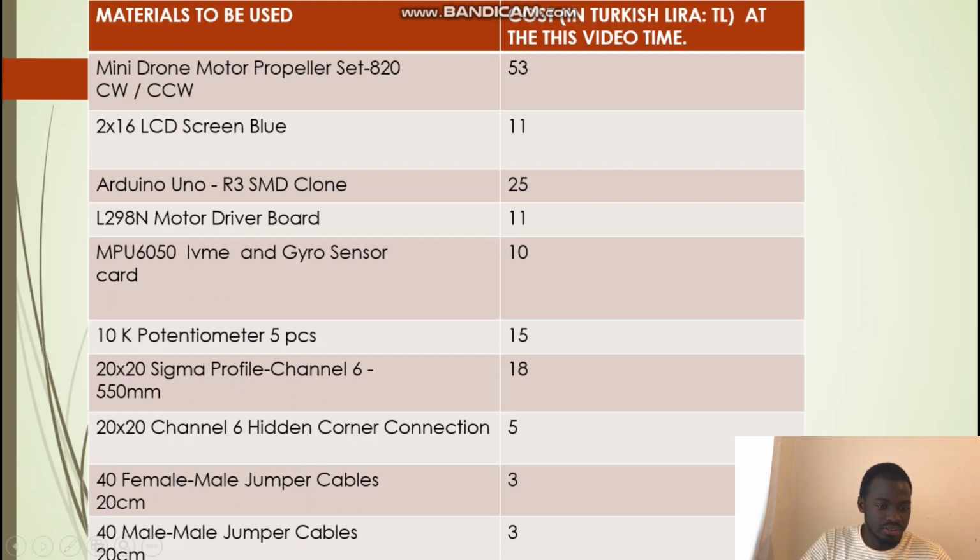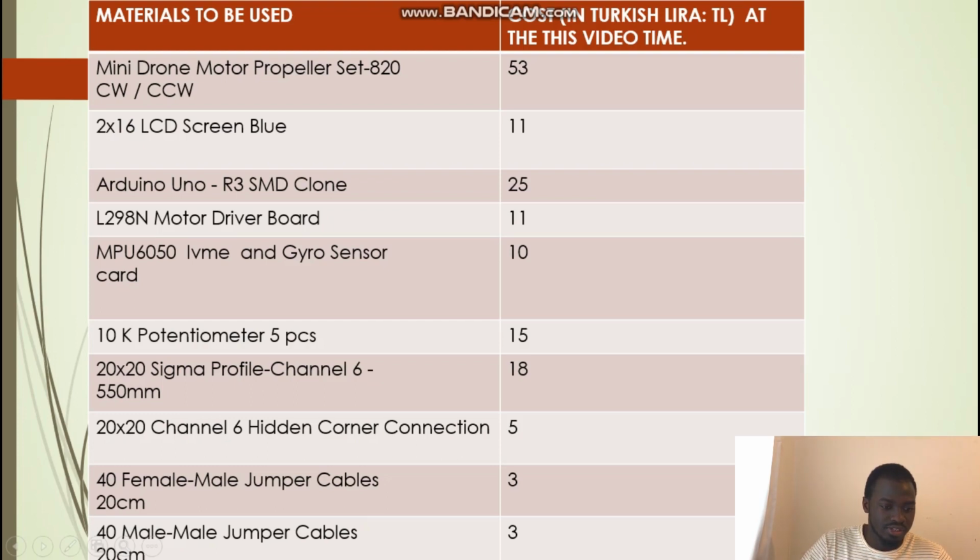And we need an LCD screen for display in order to see our KP value, KD value, and KI values, so we can see them when we manually manipulate our controller. We need a microcontroller, Arduino. I chose it for the purpose of this video, but if you like, you can use another type of microcontroller like STM32 or Texas Instruments or any other type that makes you comfortable to program.